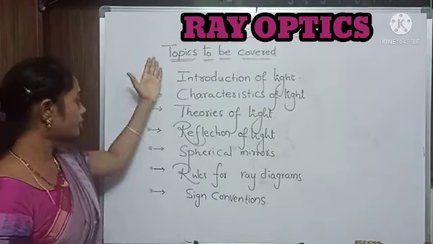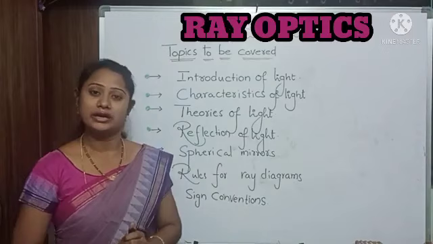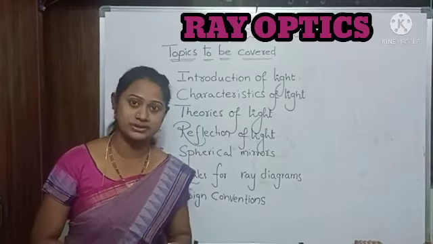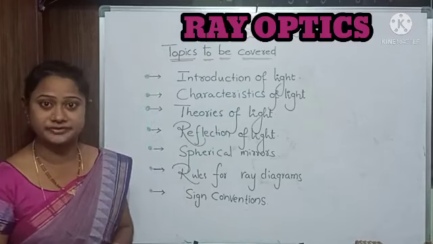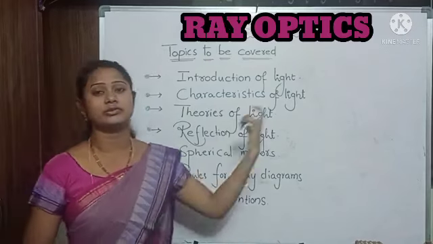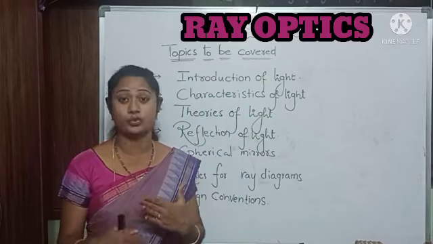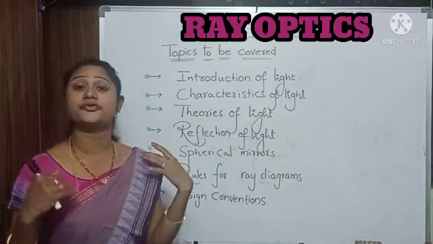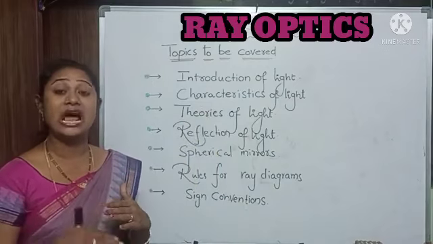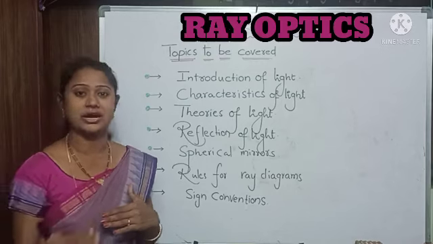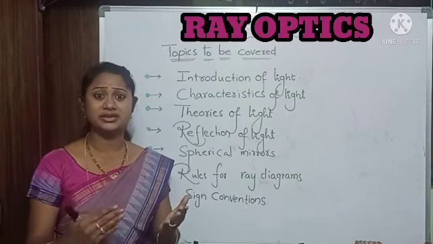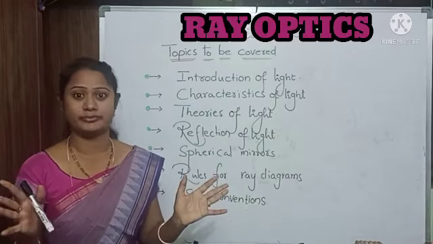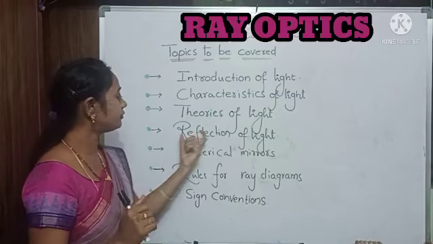So today I am going to cover all these topics in ray optics. Introduction of light. As I just told, how important light is for us. Next, characteristics of light. What are the properties and behavior of light? Next, theories of light. Here different scientists proposed and gave assumptions about light. For every scientist, light has shown different varieties of behavior. Next, reflection of light.